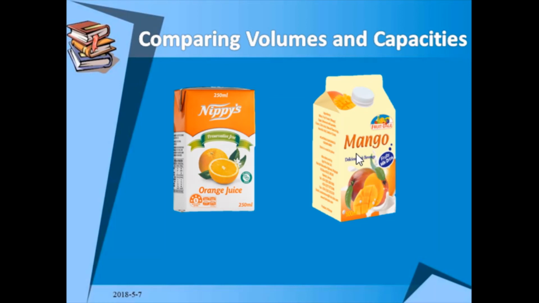Is it orange juice or the mango juice? Which is big? It's the mango juice. So we can say the volume of Nippy's juice is less than the mango juice, because orange juice is small, right?